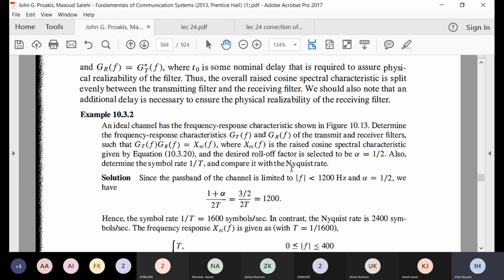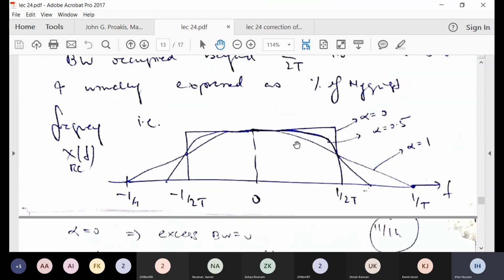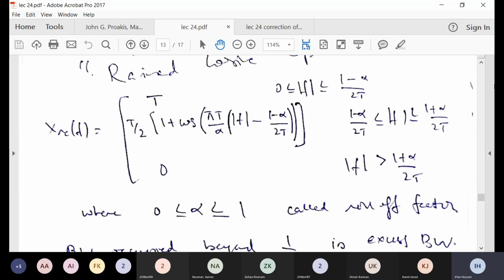First of all, you can see this representation of my signal. My raised cosine pulse was 0 once f is greater than 1 plus alpha over 2t. I know that my bandwidth is restricted to 1200. Till 1200 it will be satisfying, but above 1200 it will not.